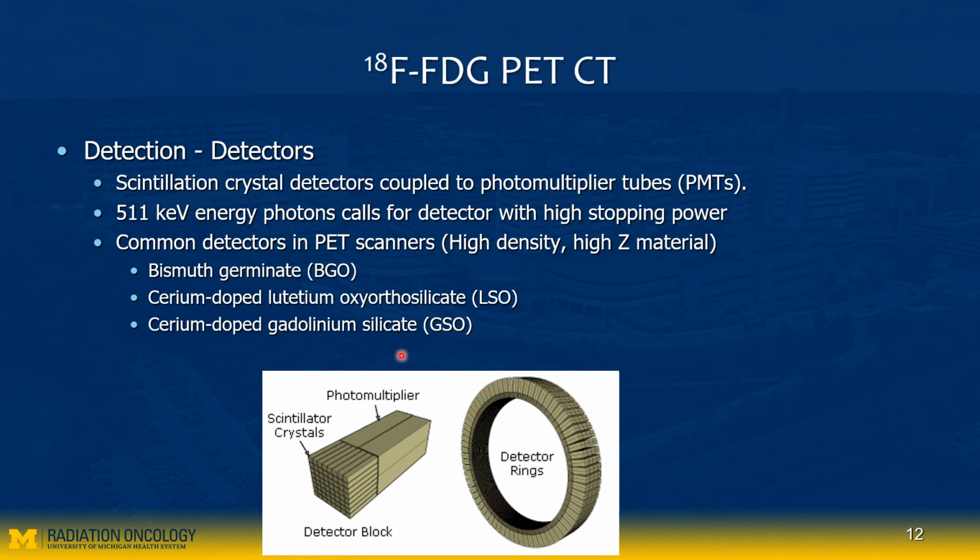The common detectors in a PET scanner have to have high density and high Z. You can use BGO, LSO, GSO, but it's okay, you don't have to remember this. Just remember that it uses a scintillator coupled with a photomultiplier tube, and you have to have a high density, high Z material.